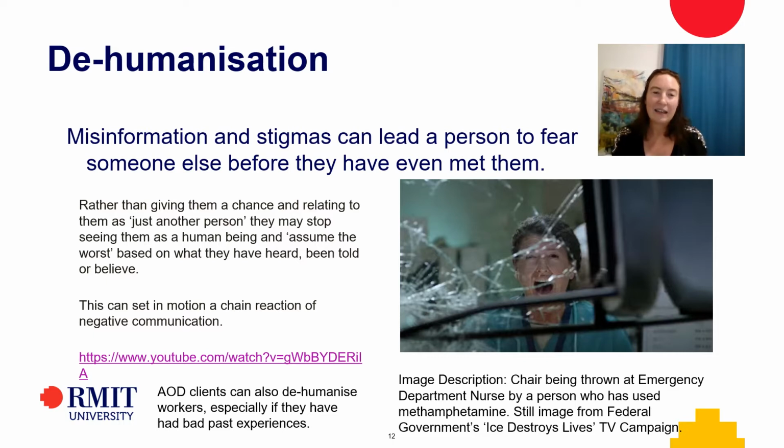And amongst drug and alcohol workers, we may not dehumanise people and judge them based on their substance use, but we can dehumanise and treat them differently based on a whole heap of other reasons. So, racism is a problem in our sector. Homophobia, transphobia, we can be sexist.